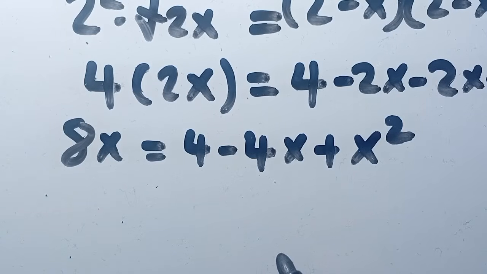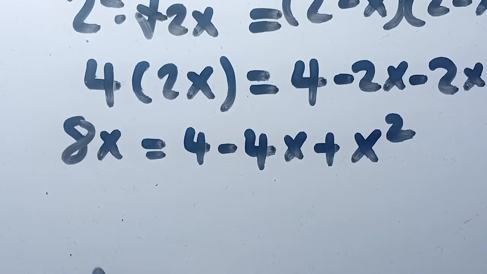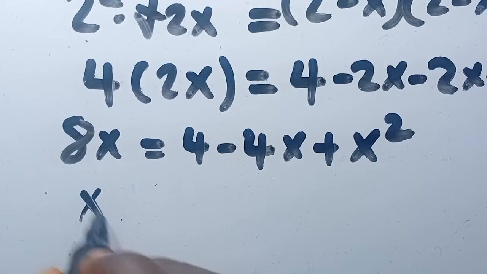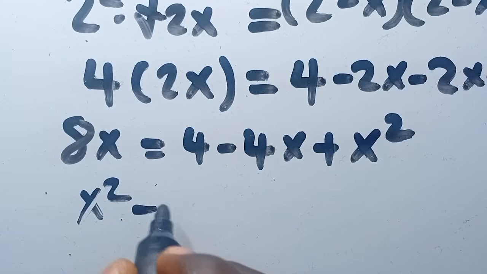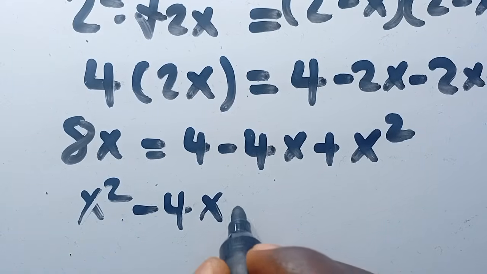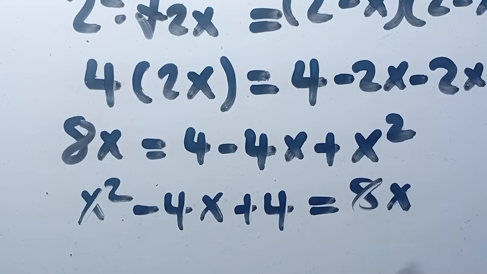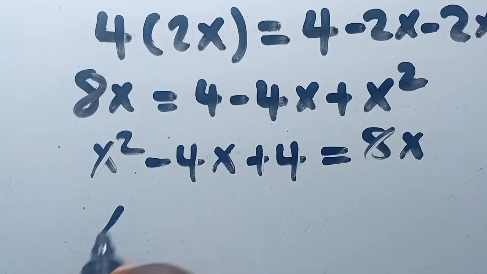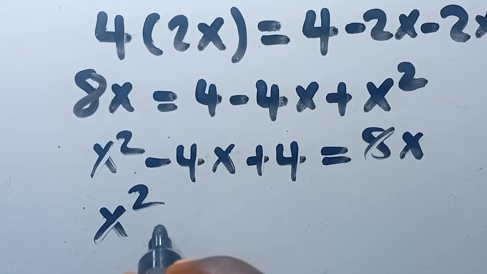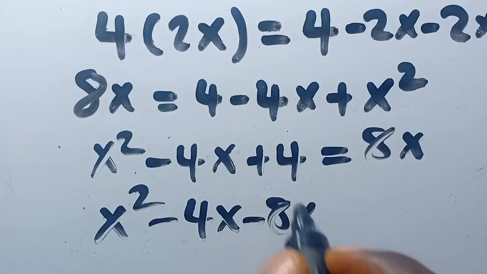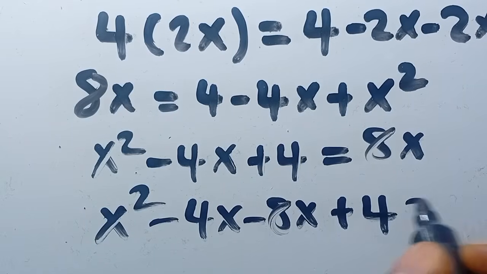So from here, we have x squared minus 4x plus 4 equals 8x. x squared minus 4x minus 8x plus 4 equals 0.